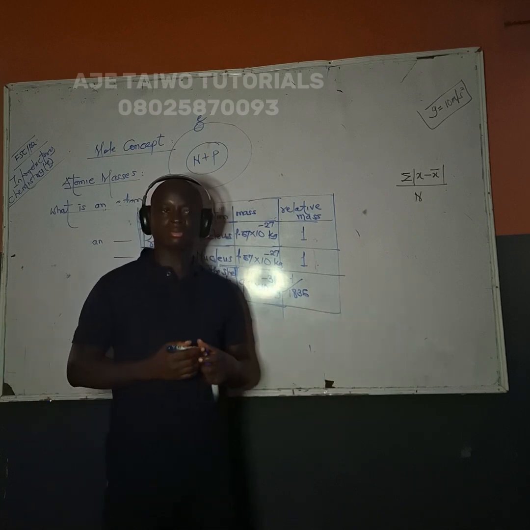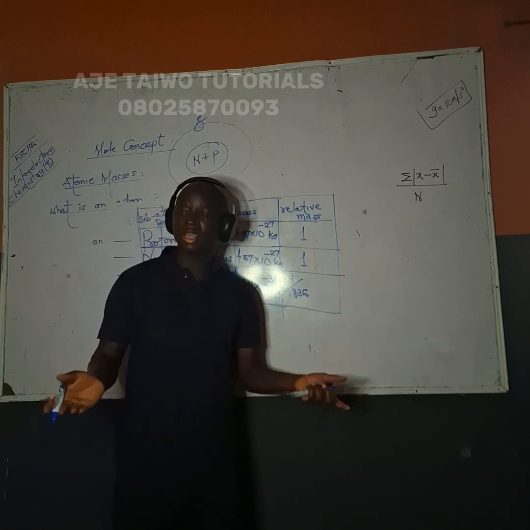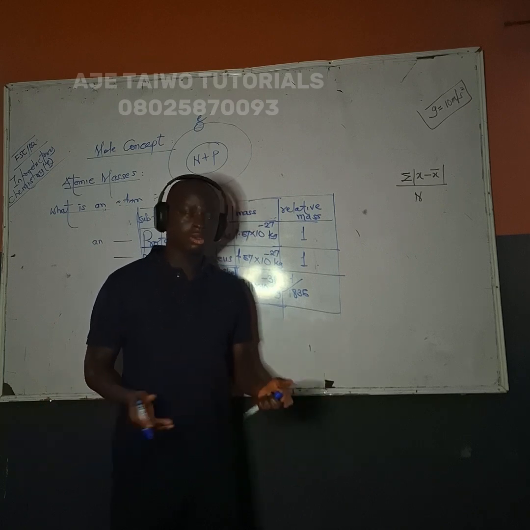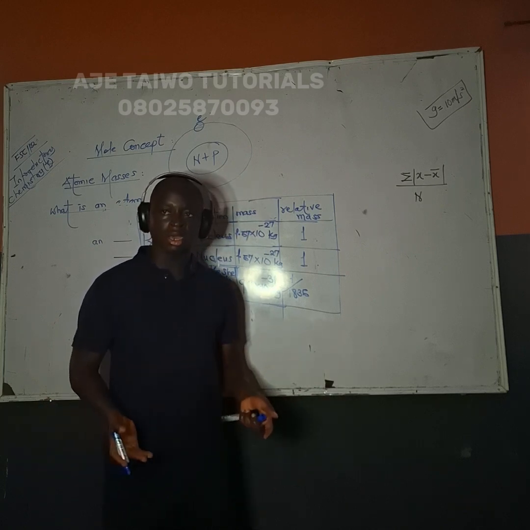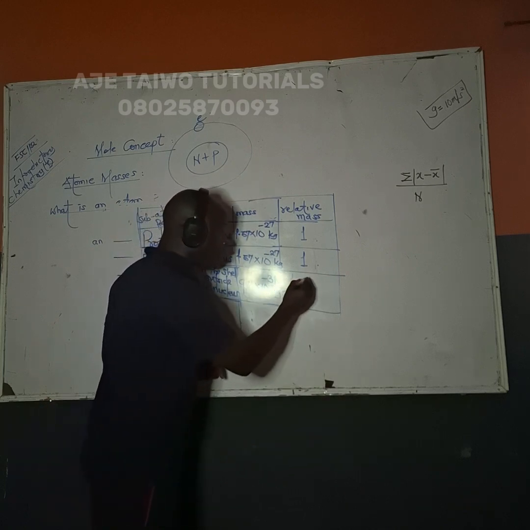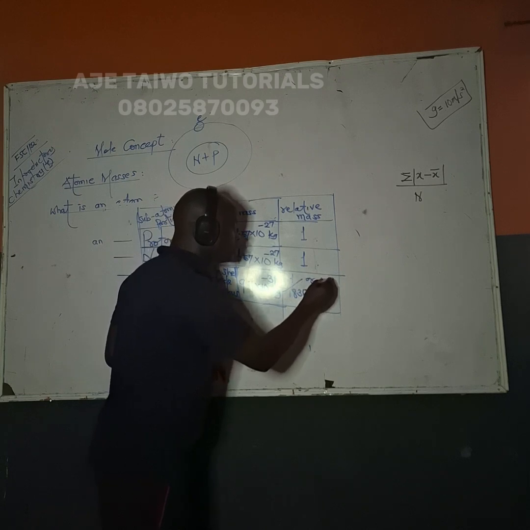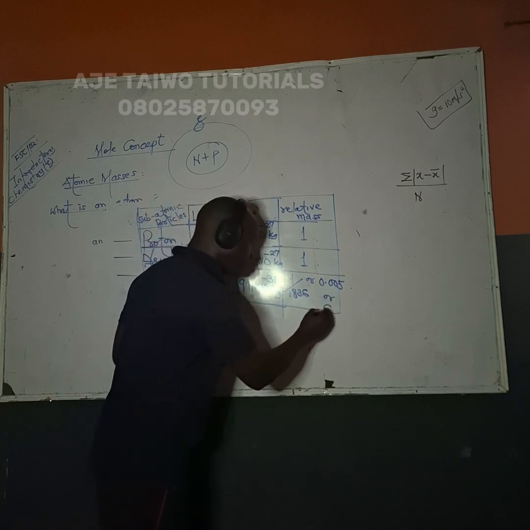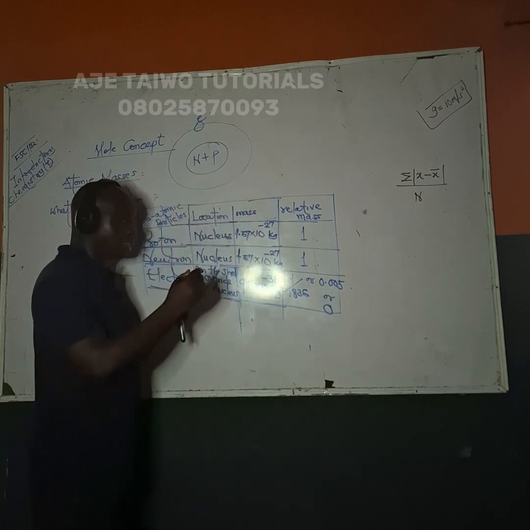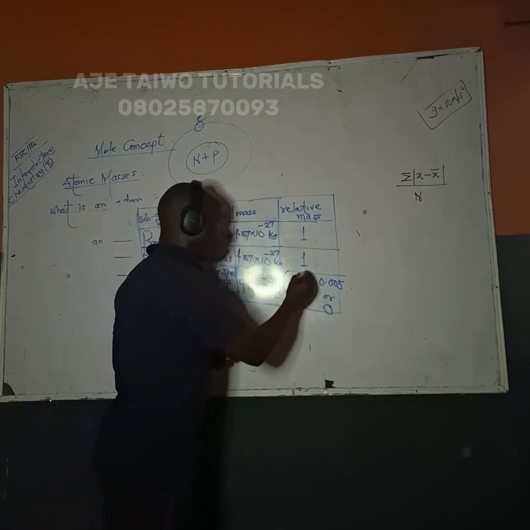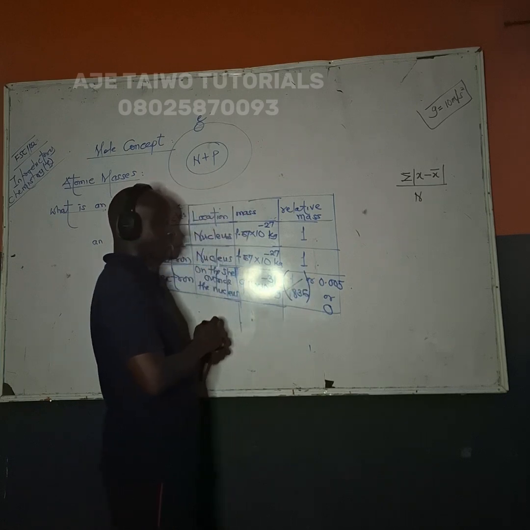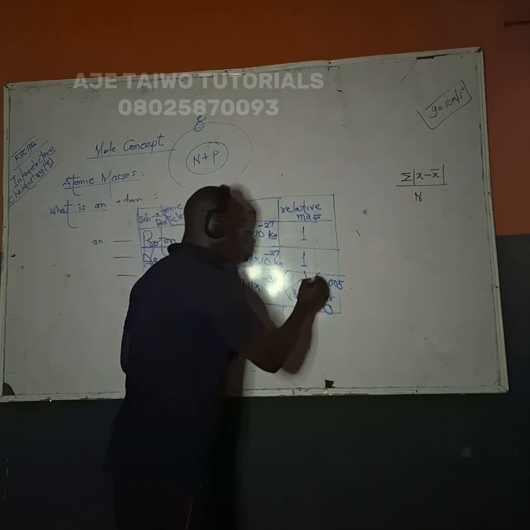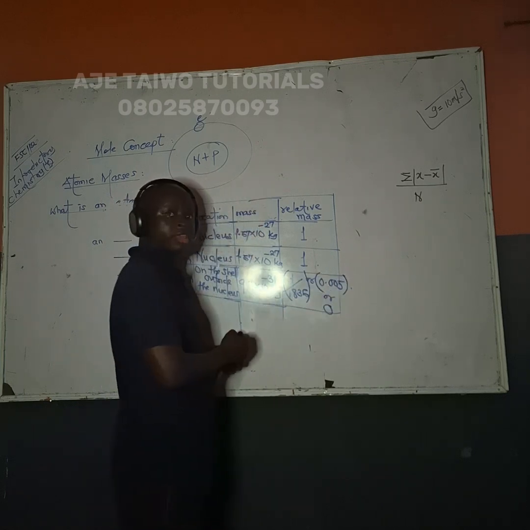1836 is allowed. 1840 is allowed. Or 0.005. There are three values: 1, 1, and 1/1836 or 1/1840, or 0.005.